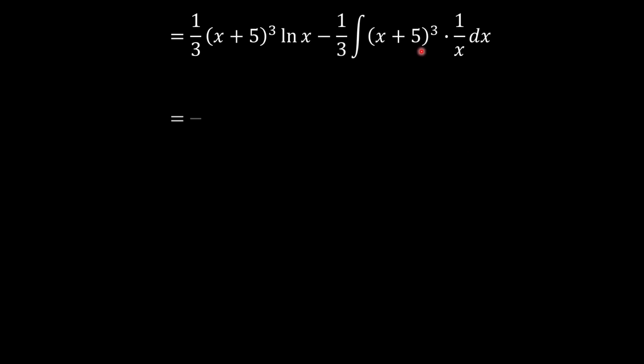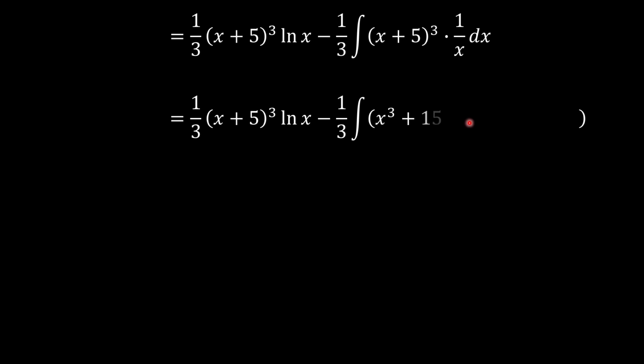We can expand (x+5)³ under the integral sign, and that becomes x³ + 15x² + 75x + 125, times 1 over x obviously here, and we multiply 1 over x across, so that it reduces.